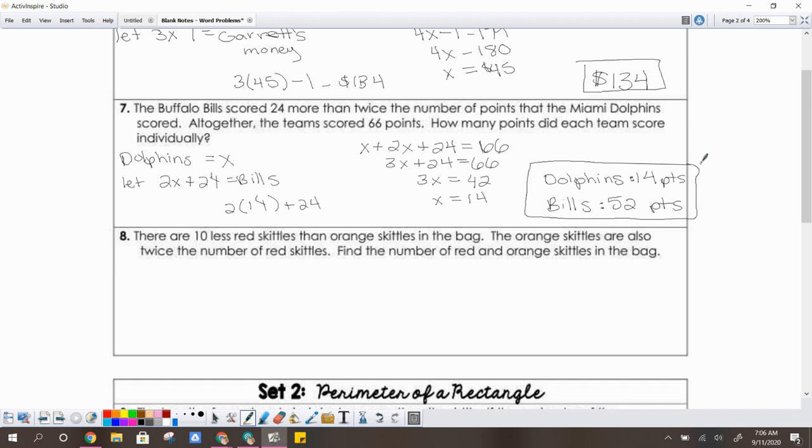All right, number 8 says, there are 10 less red Skittles than orange Skittles in the bag. The orange Skittles are also twice the number of red Skittles. Find the number of red and orange Skittles in the bag. So it says there's 10 less red Skittles than there are orange Skittles. So let's just focus. Orange is going to be our x.